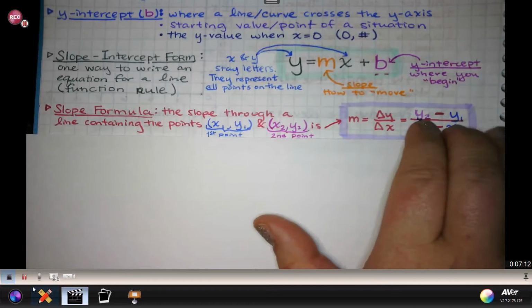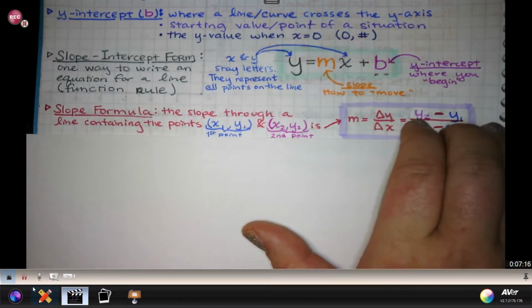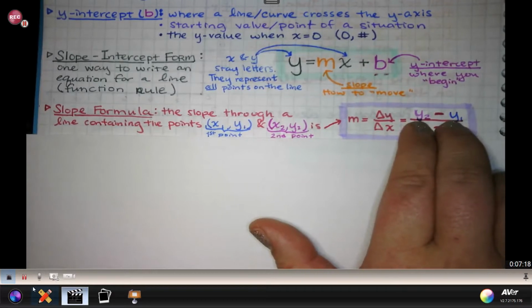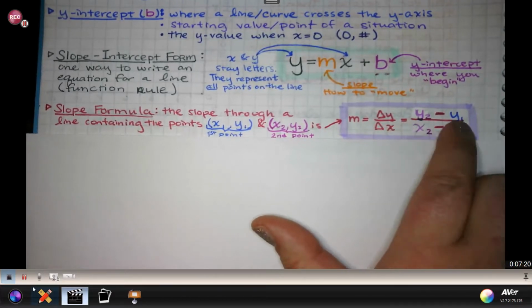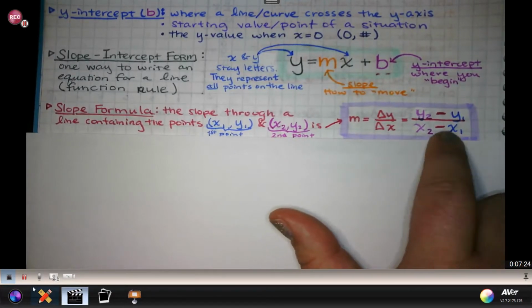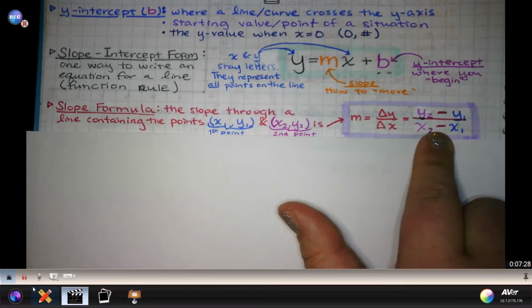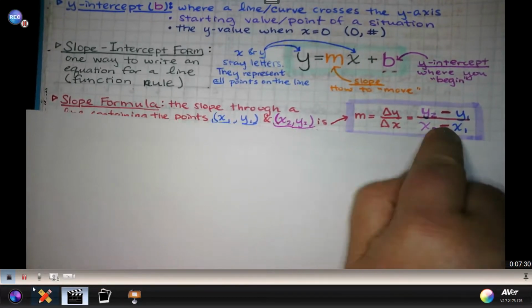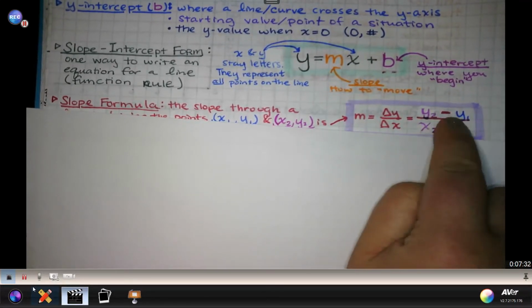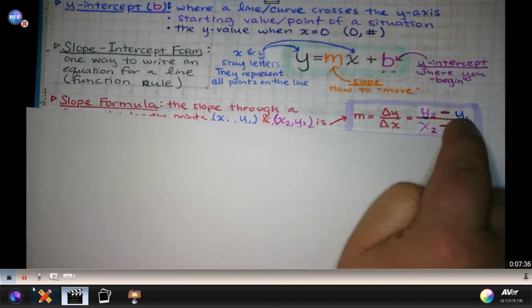So you take the y values, because change in y is on top, and you do the second y value minus the first y value, divided by the second x value minus the first x value. Now notice I tried to make those minus signs really thick because it's always a minus sign, okay? It's always built in that way, and so if there's a negative, then you'll have minus a negative number.